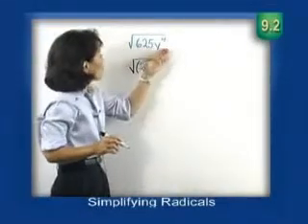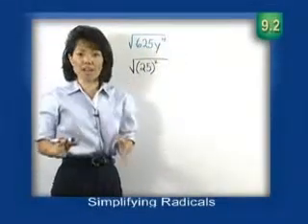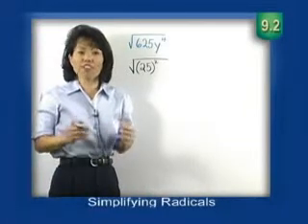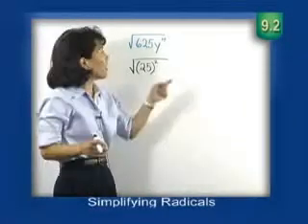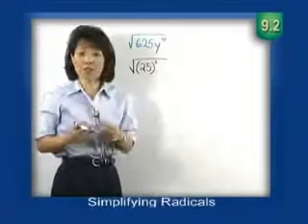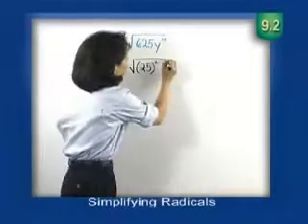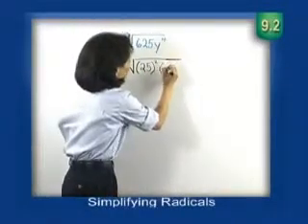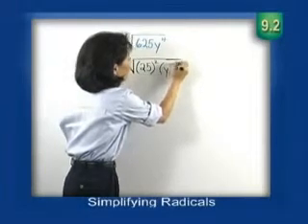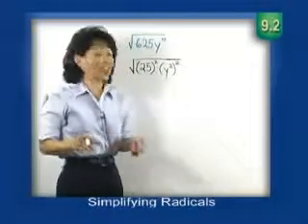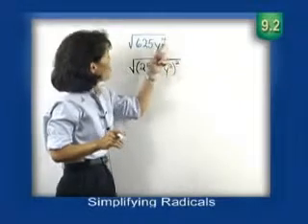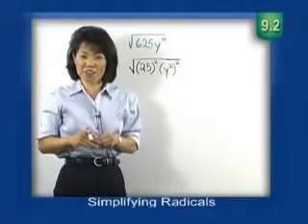We just did the problem with, remember, 13 to the fourth power? So if 13 to the fourth power was a perfect square, then y to the fourth power should be a perfect square as well. In other words, we can write it as y to the second raised to the second power. Just check your exponents. When you raise to a power, you multiply. 2 times 2 gives us 4.